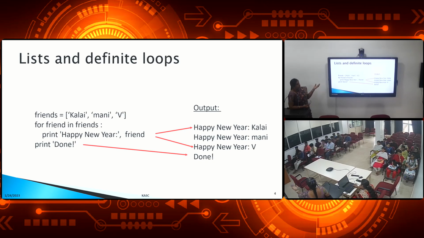So this is how we execute all the elements in that particular list, right? What is the maximum limit? In the sense, the maximum size of the loop is the size of that particular list, right?